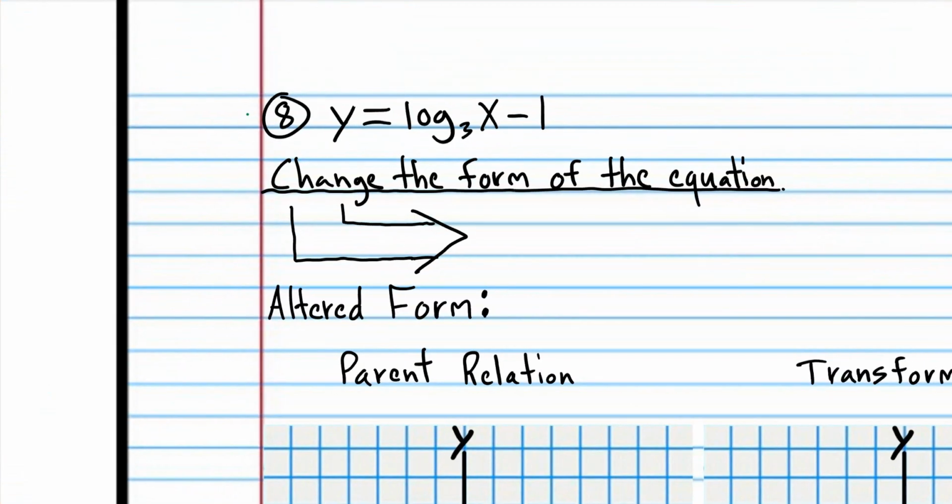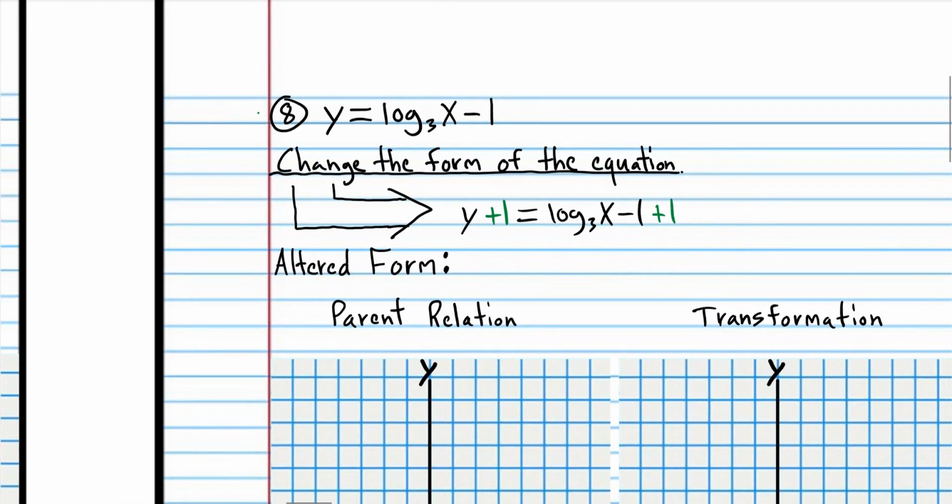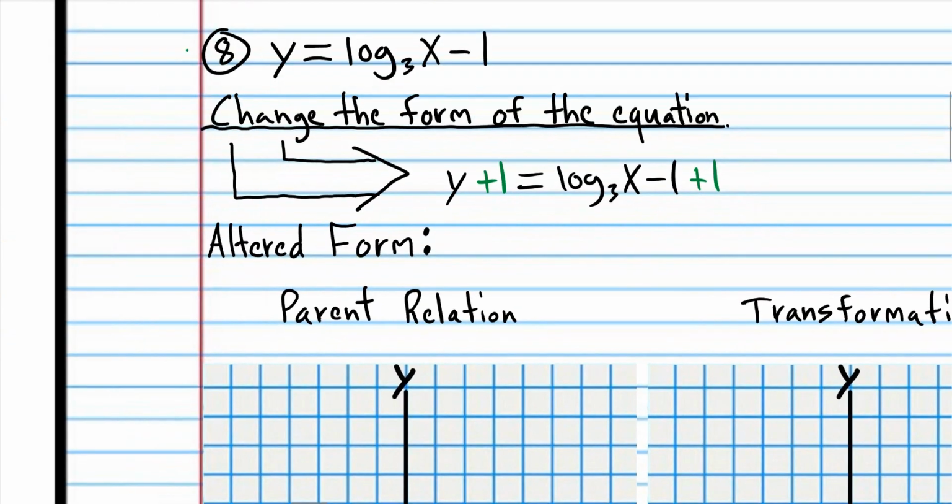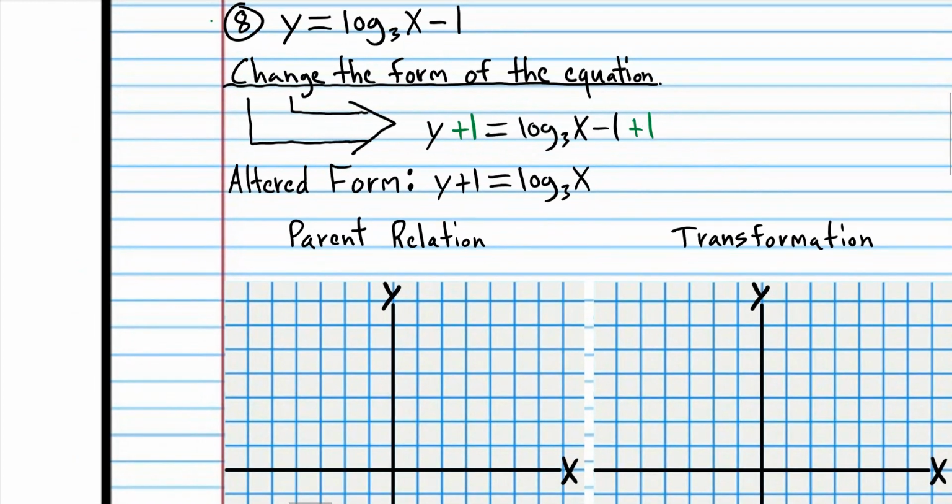All right, we're back. So we're going to add 1 to both sides of that equation so we can put it in a form where we know how to graph it. So we now have y plus 1 is equal to log base 3 of x. And let's graph the parent equation.